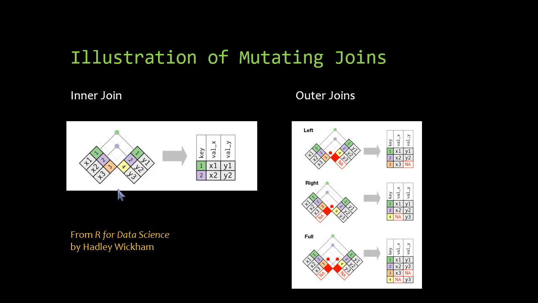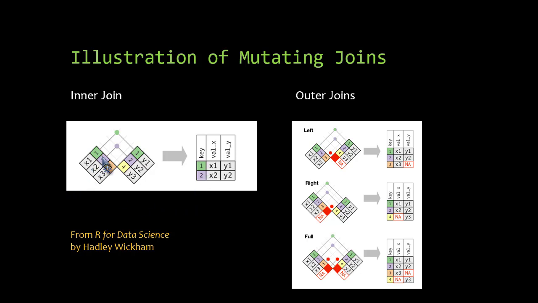We're looking for a match in the other data set, the second data set, indicated by this little rectangle on the right. And when we find a match of the keys, then we take the variables from both data sets and create a new data set in which we're including both of those variables from that matched key.